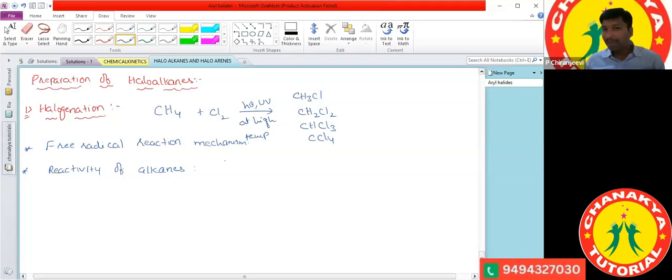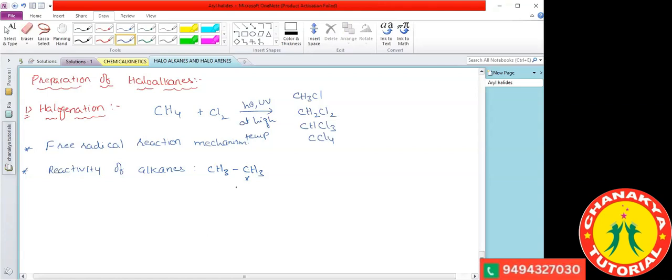First of all, I'll explain the primary carbon and secondary carbon. Here, CH3 bonded to CH3. Let us consider one of them as the carbon. This carbon is attached to how many neighboring carbon atoms? One, so it's primary.